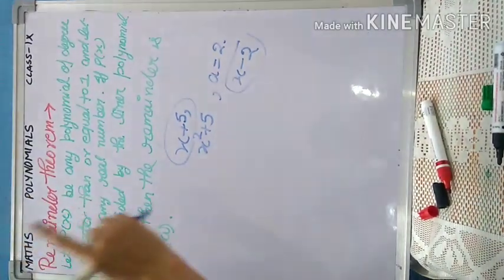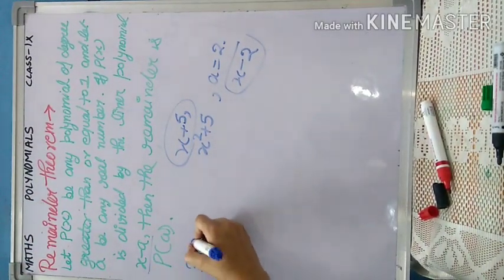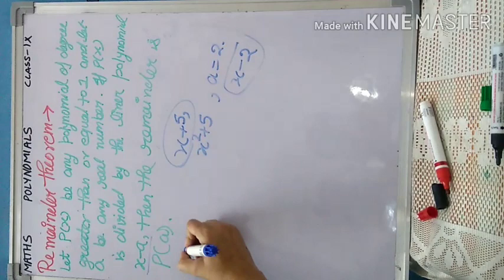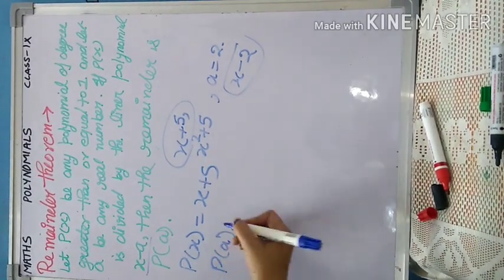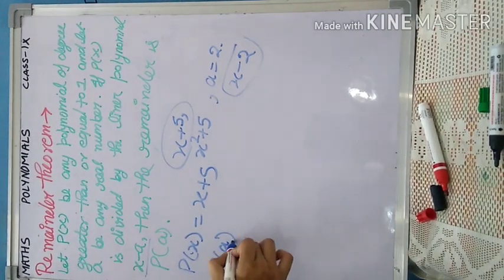That means, what is p(a)? If p(x) is given to you, suppose x + 5, then what is meant by p(a)? That means in place of x you have to write a.